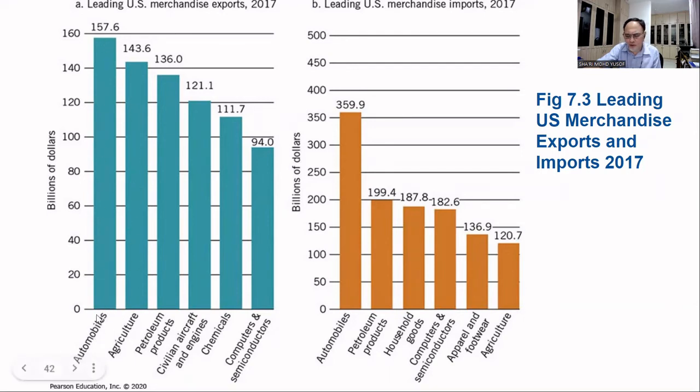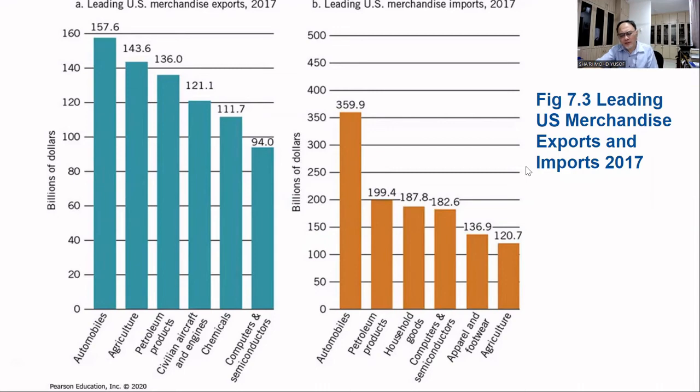They export 157.6 billion of automobiles, and apparently they also import a lot of automobiles as well. 59.9 is higher, right, than the billion. So there is a deficit. They import more automobiles than they export.